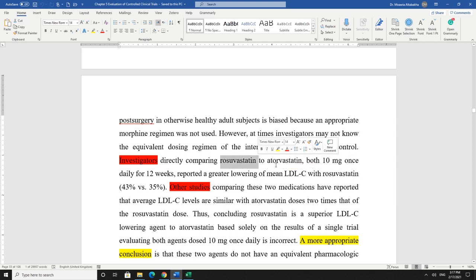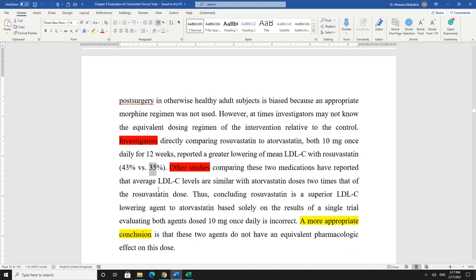Okay, rosuvastatin with atorvastatin, both were given as 10 milligram once daily for 12 weeks. For those who did this comparison, they found that rosuvastatin is better. There is a reduction in cholesterol level by 43% compared with 35% in atorvastatin.